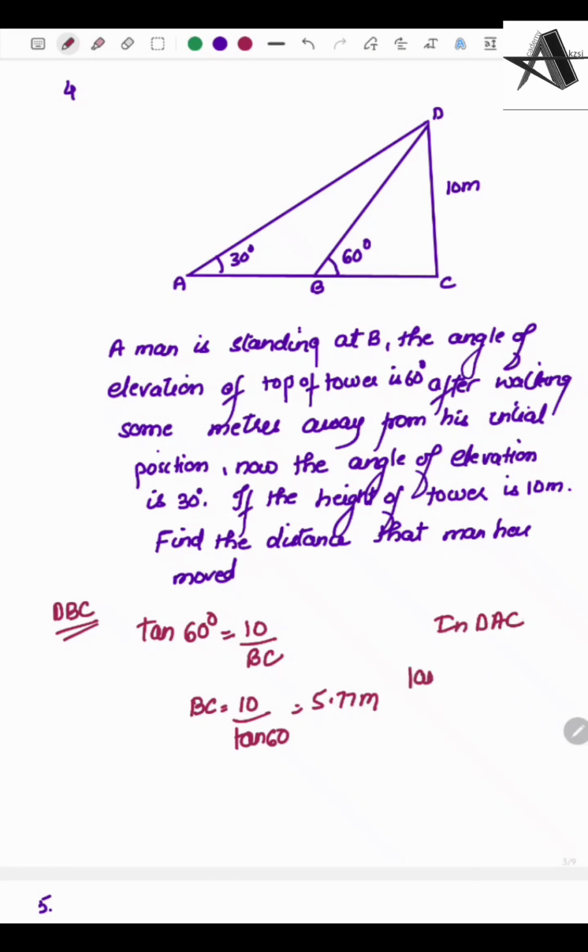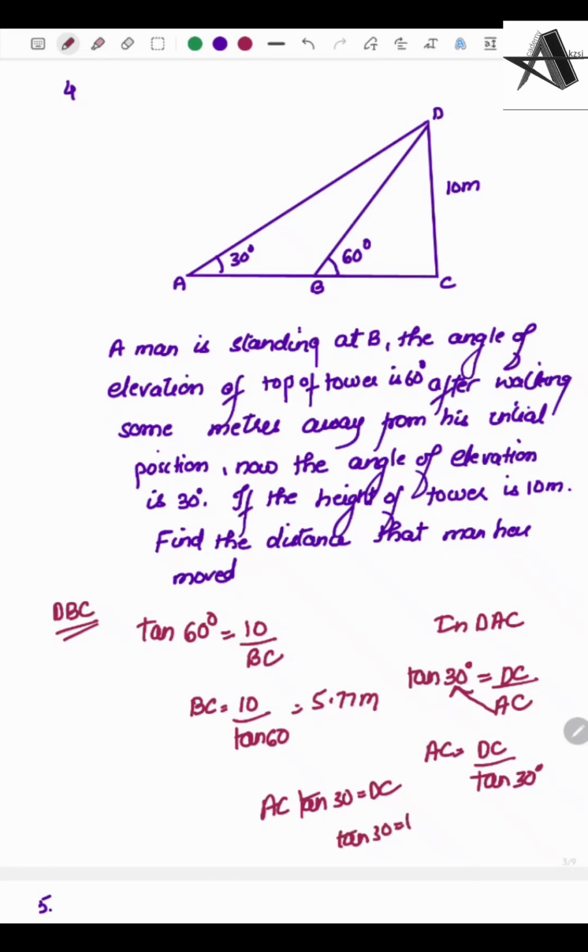Now applying the same in the bigger triangle, that is in triangle DAC. Tan 30 is equal to opposite DC over adjacent. Why is AC adjacent? Because it's connected with the angle 30 degrees. So AC will be, on rearranging, DC over tan 30. If you're wondering how I got this, first cross multiply. It gave me AC tan 30 is equal to DC. Now dividing both sides by tan 30, you will get AC is equal to DC over tan 30.